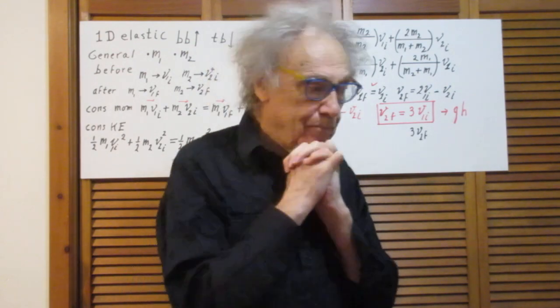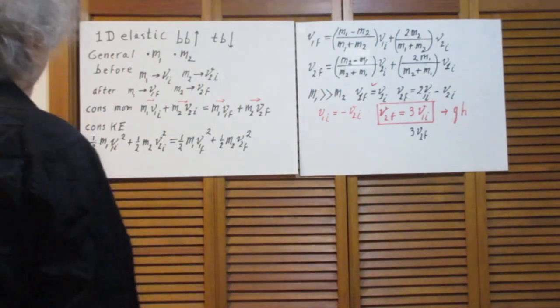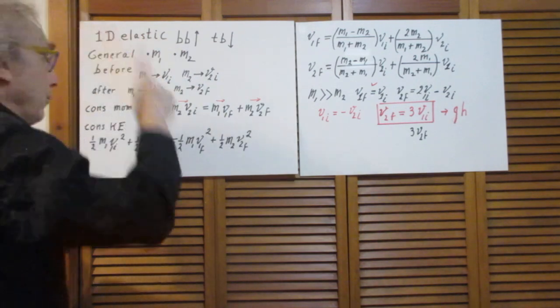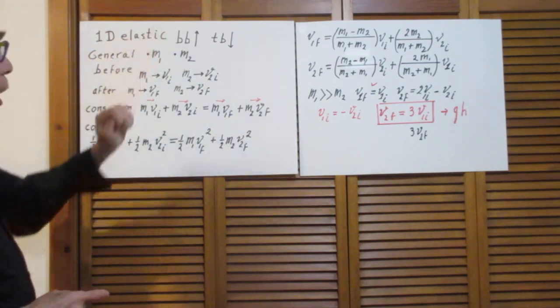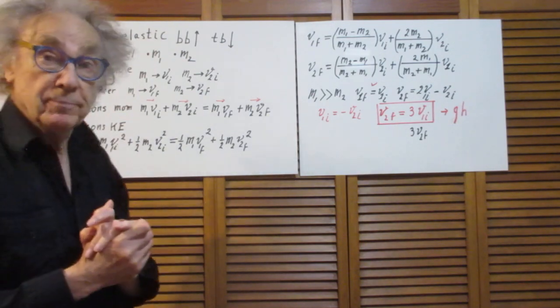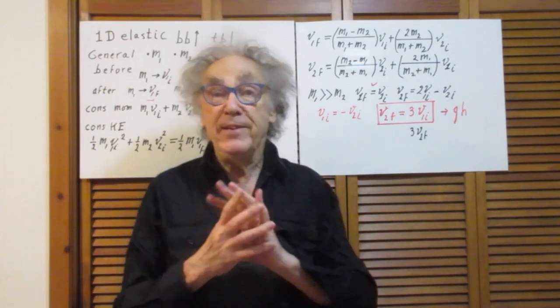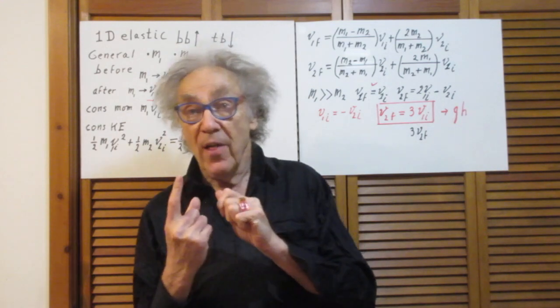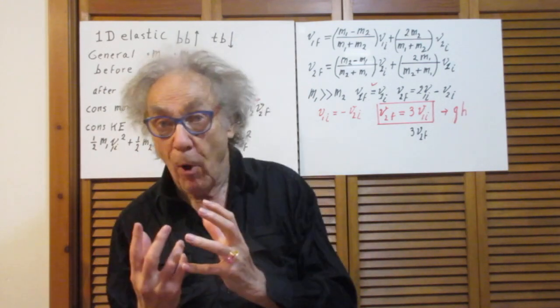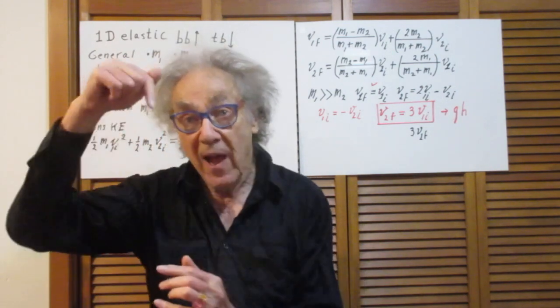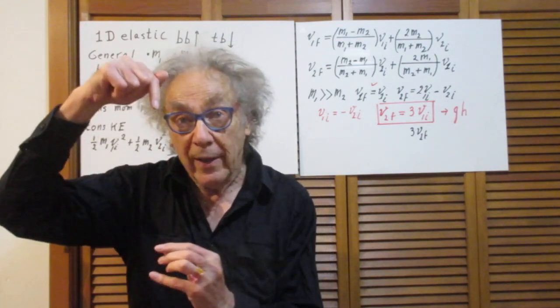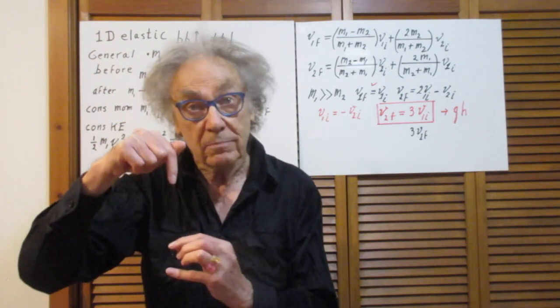So are you ready? The problem is a one-dimensional problem of an elastic collision. And we discussed the moment that the basketball is just coming up after it bounces off the ground, and that the tennis ball is still falling down.